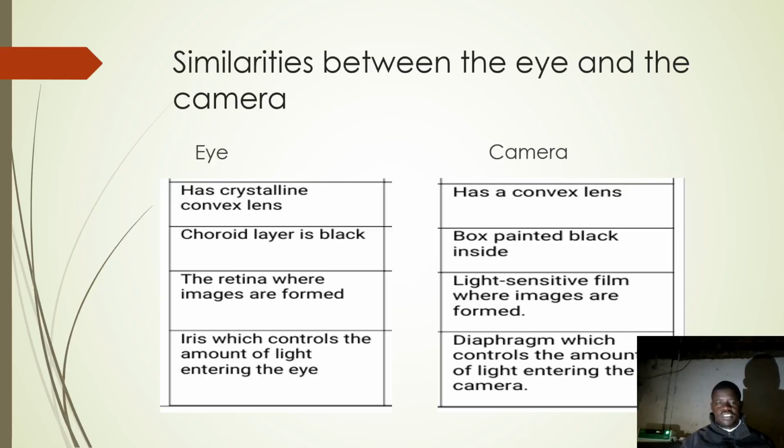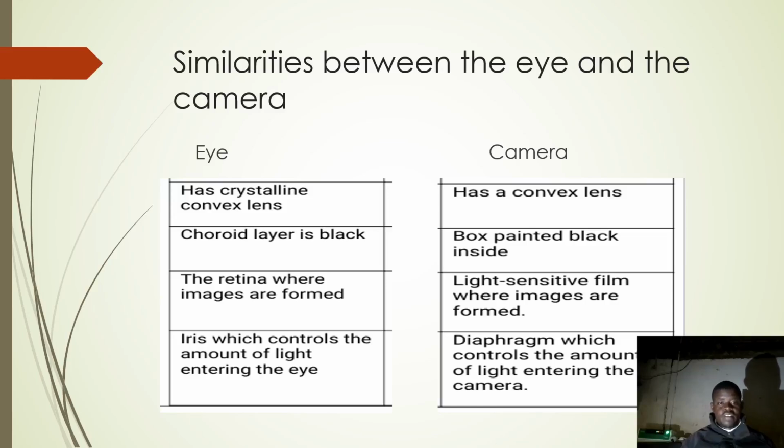So, what are some of the similarities between the eye and the camera? You'll realize that the eye has a crystalline lens, a convex lens. The camera also has a convex lens. The eye has the choroid layer, which is black. The box of the camera is also painted black on the inside.